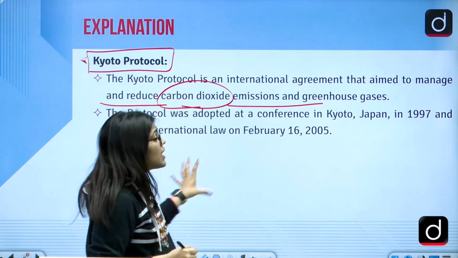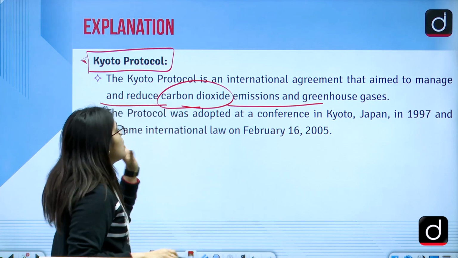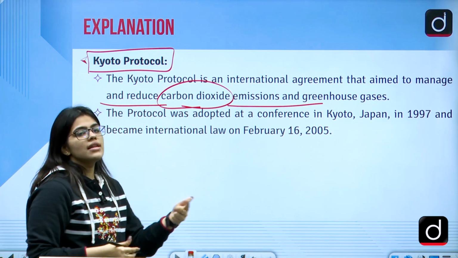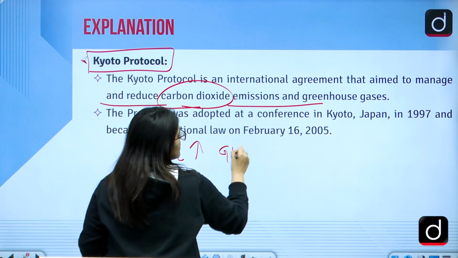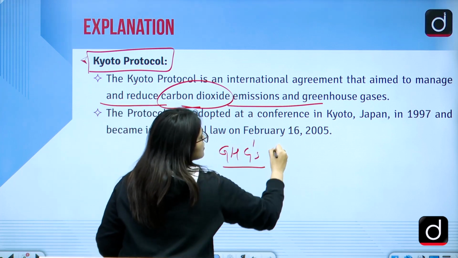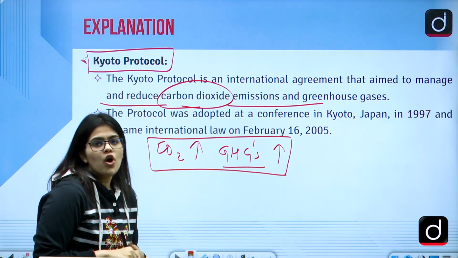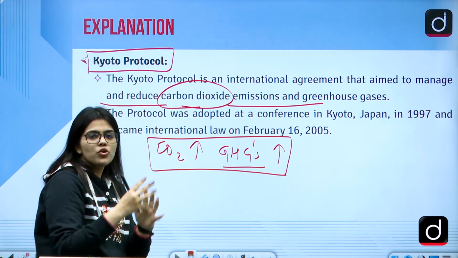So basically Kyoto Protocol came into being because it had to protect against the increased emission of CO2 and the greenhouse gases. So the CO2 level was increasing and the greenhouse gases were also increasing. So we had the Kyoto Protocol.